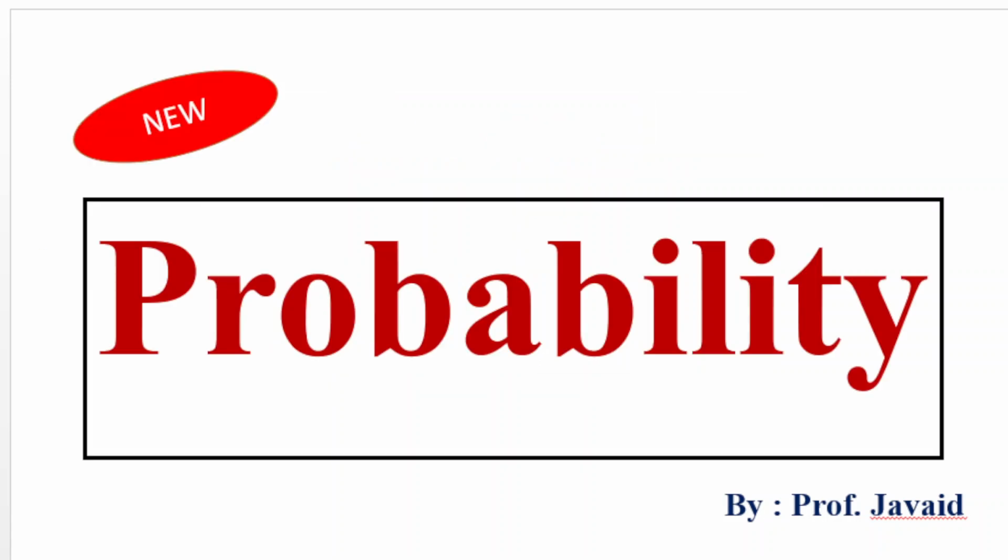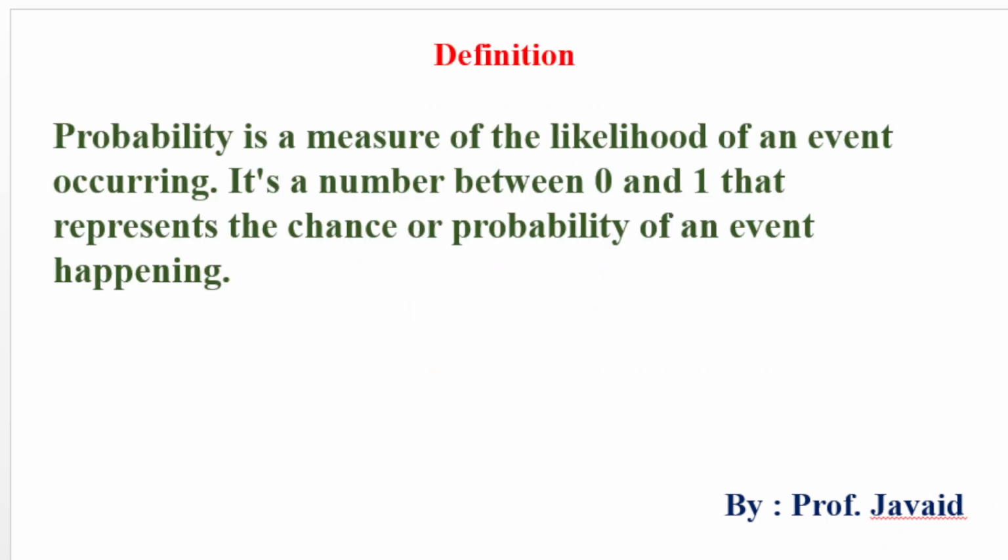So probability. Basically, the definition of probability is a measure of the likelihood of an event occurring. How likely is it that an event occurs? It is a number between 0 and 1.